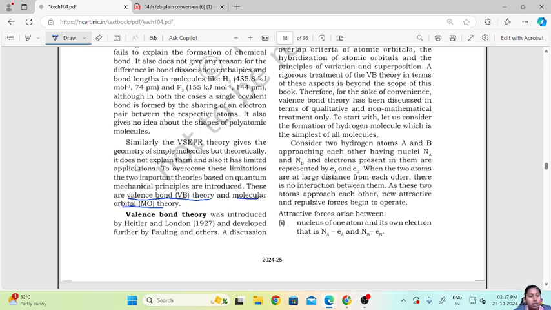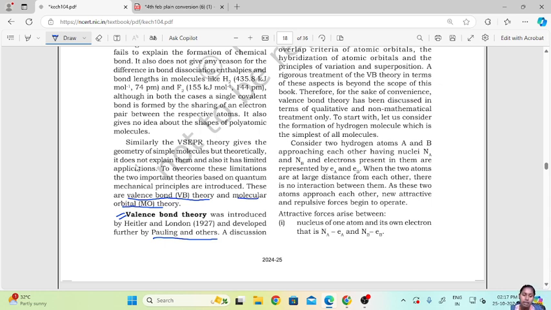So let's see what valence bond theory is. Valence bond theory was introduced by Heitler and London in 1927 and developed further by Pauling and others.